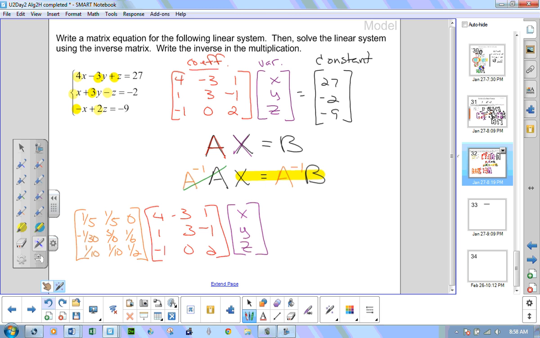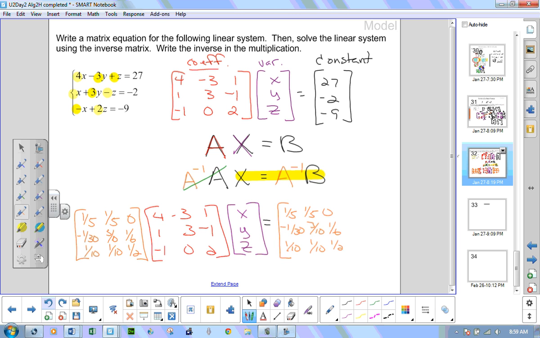Now the moment of truth, if you really understand matrix multiplication. I have to get this order right on the right side because if I just did B times A inverse, the size rule would be broken and it wouldn't even work. So what am I about to do? I'm about to make sure that I write my A inverse, which again is 1/5, 1/5, 0, -1/30, 3/10, 1/6, 1/10, 1/10, 1/2.